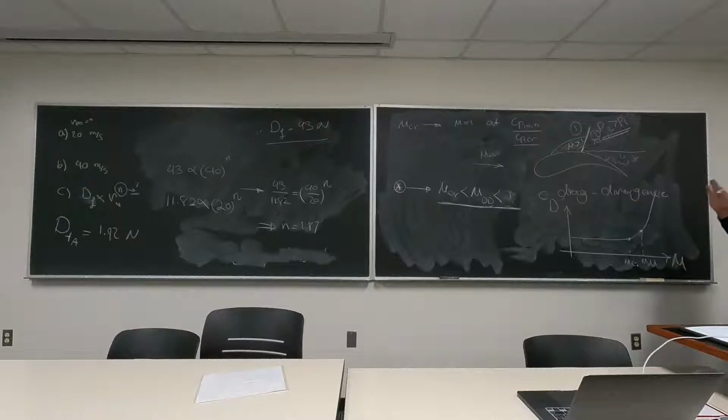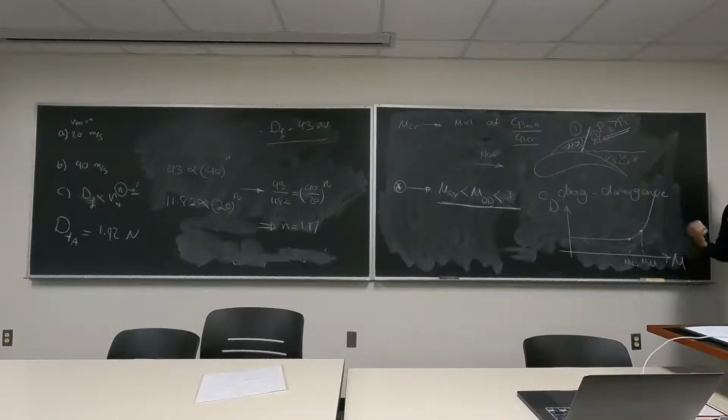Let's say we want to keep the flight velocity at the drag divergence region, but we want to prevent the drag divergence. We cannot just prevent it. It will happen eventually because the shock waves will eventually appear. Flow separation will happen. There's nothing you can do about it.